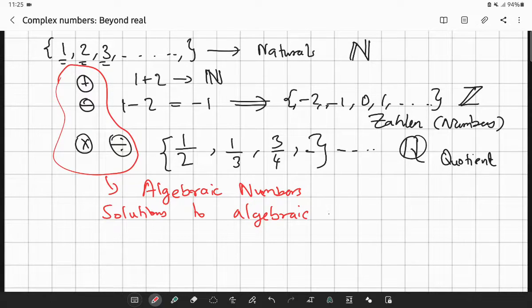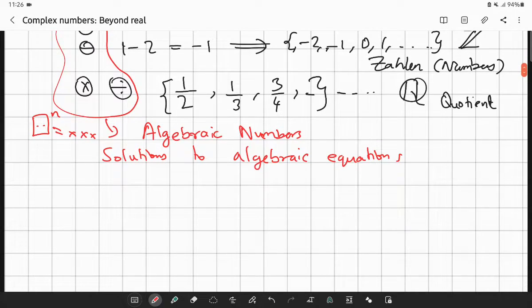And algebraic equations, as you know, only have subtraction, multiplication, addition, and exponentiation, some number raised to n. This is basically multiplication done many times. That is exponentiation. So if I have an equation like x minus 3 equals 0, then x equals 3. Then 3 is actually an algebraic number.